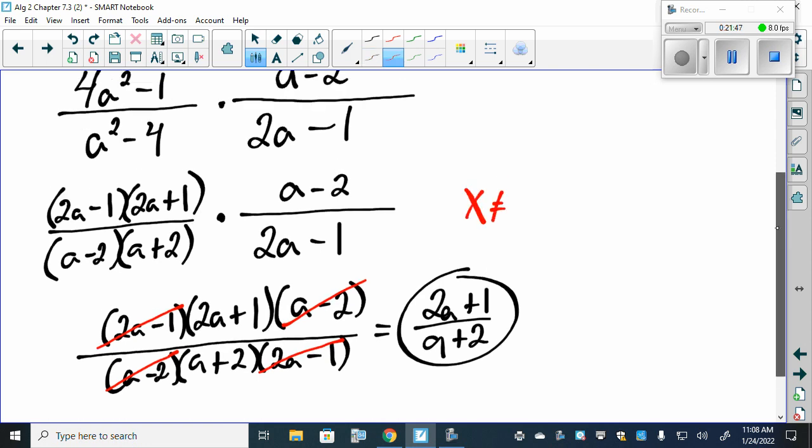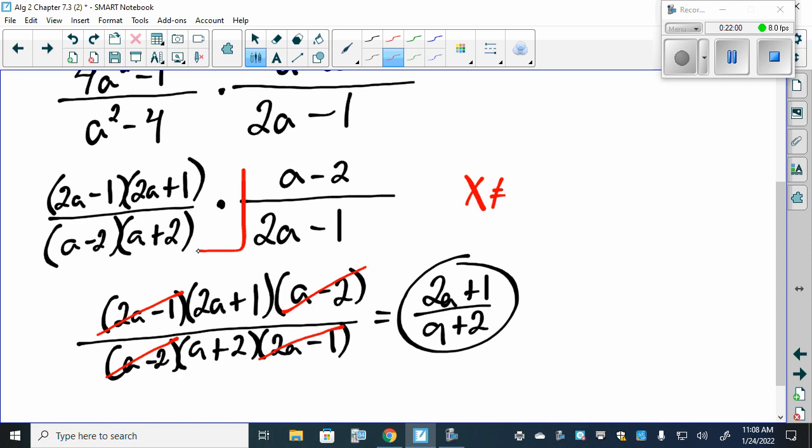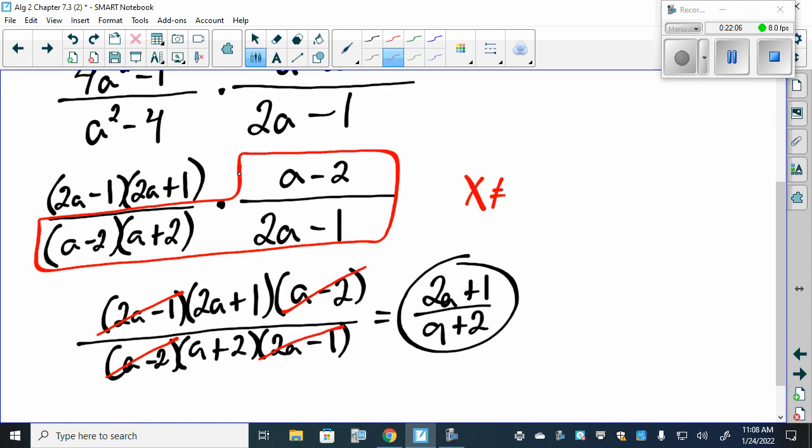This one here's the last one. We'll really look in close, in depth, at the restrictions for this here. And again, when we're looking at the restrictions, we're mainly focused on the denominator of the first and the entire rational expression of the second, the entire rational expression of what we're dividing by.